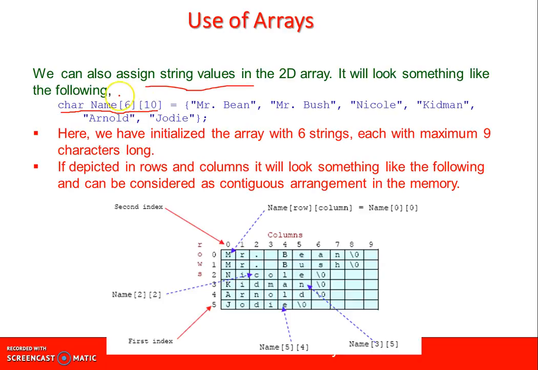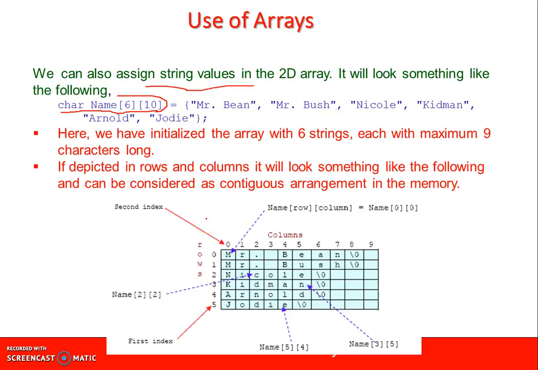That means within this array we have reserved locations to store 6 names, and the maximum length of one name will be 9 characters, because if you are storing characters in the form of a string, then the last character must be the null character, which is a condition if you are storing strings into the array.